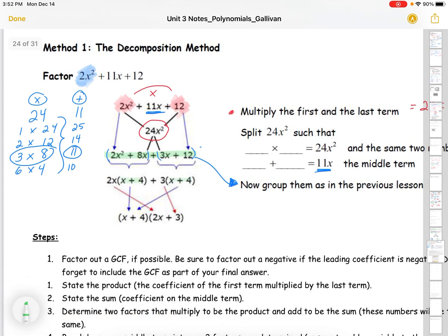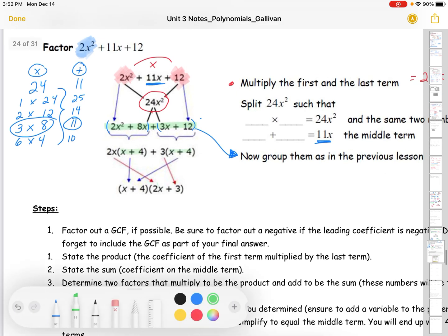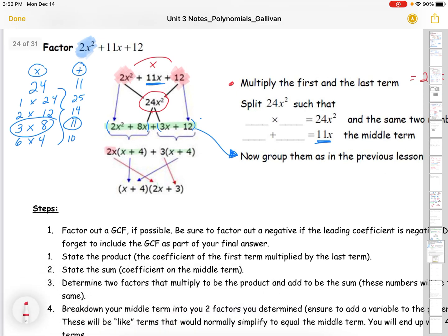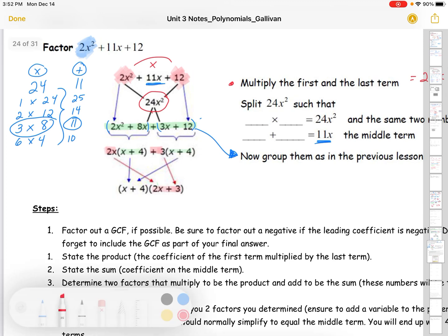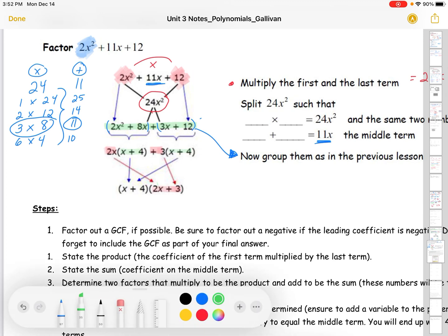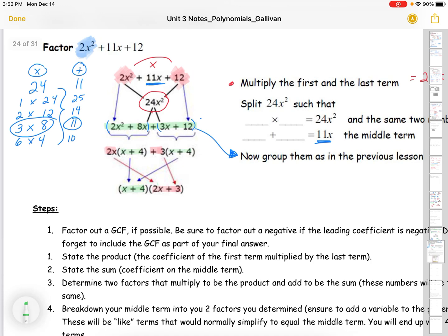When I do that, I get this common and this common. I factor that out, and I get my new expression, right? My 2x plus 3 goes over here, and my x plus 4 goes over here. Okay, so it's kind of combining some of the skills we do on regular trinomials with the skills we do for factoring by grouping. We're going to try some. It's going to make some of you pull your hair out. Some of you are going to love it.